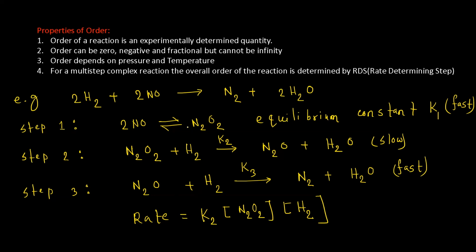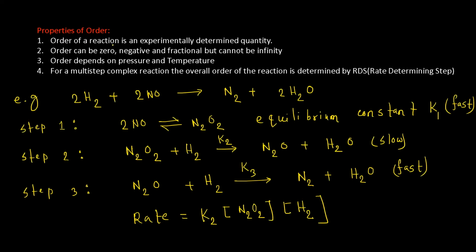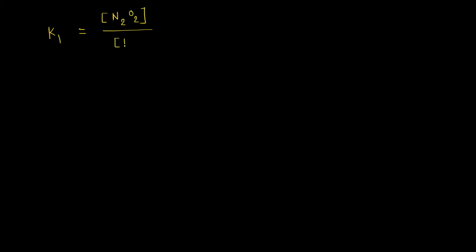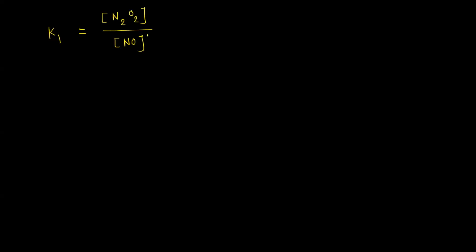So in step 1, we can write equilibrium constant K1 is equal to concentration of N2O2 divided by concentration of NO, and the coefficient 2 will go to power.